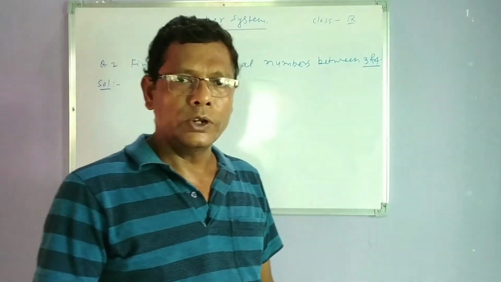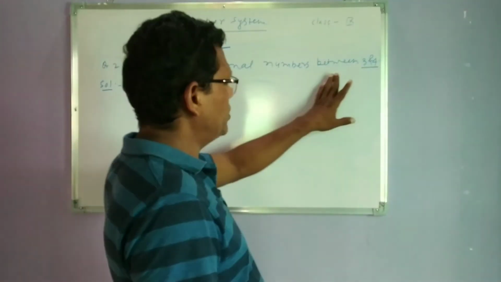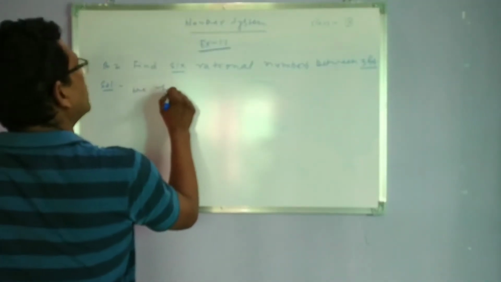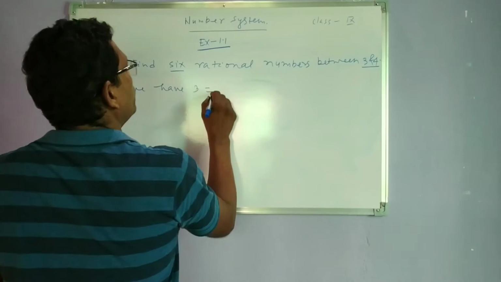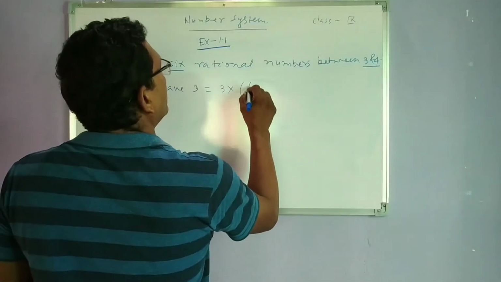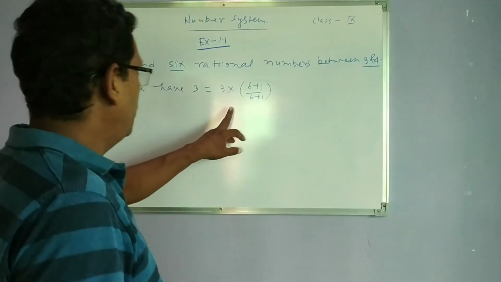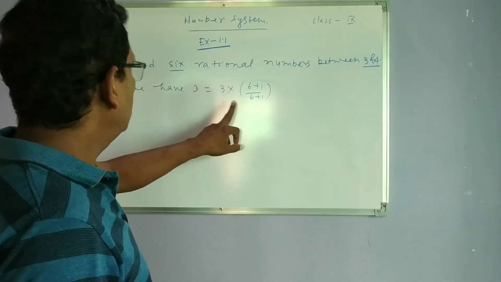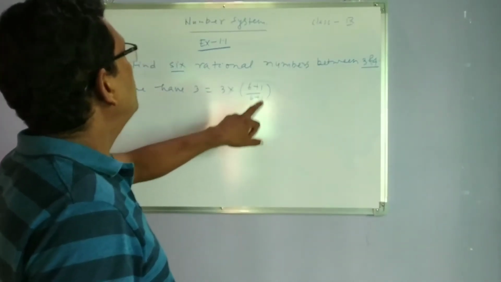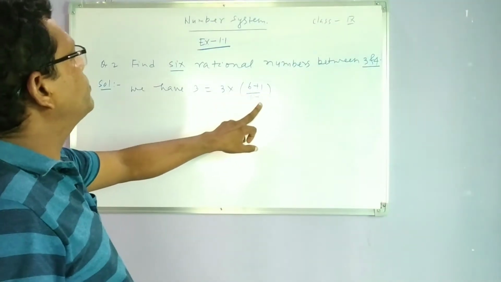Now moving on to the next question. The question says find 6 rational numbers between 3 and 4. We have 3 equal to 3 into, what we have done here, we have multiplied 3 by 7 by 7, because 6 plus 1 gives 7.